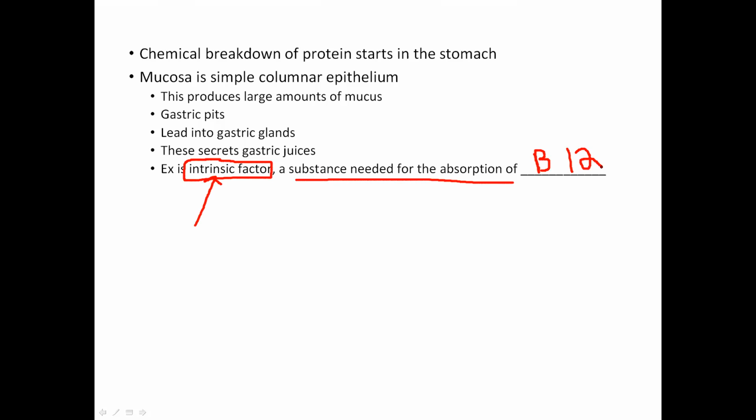So intrinsic factor binds to B12, and B12 is actually carried to the bone marrow to tell the stem cells in the bone marrow to do their job, which is proliferate and make different forms of blood. Very important vitamin there, and you need intrinsic factor.